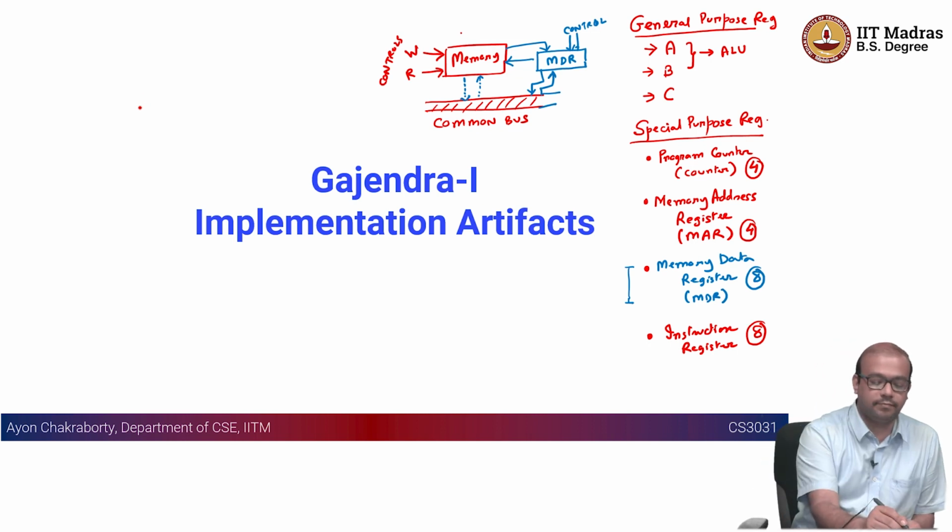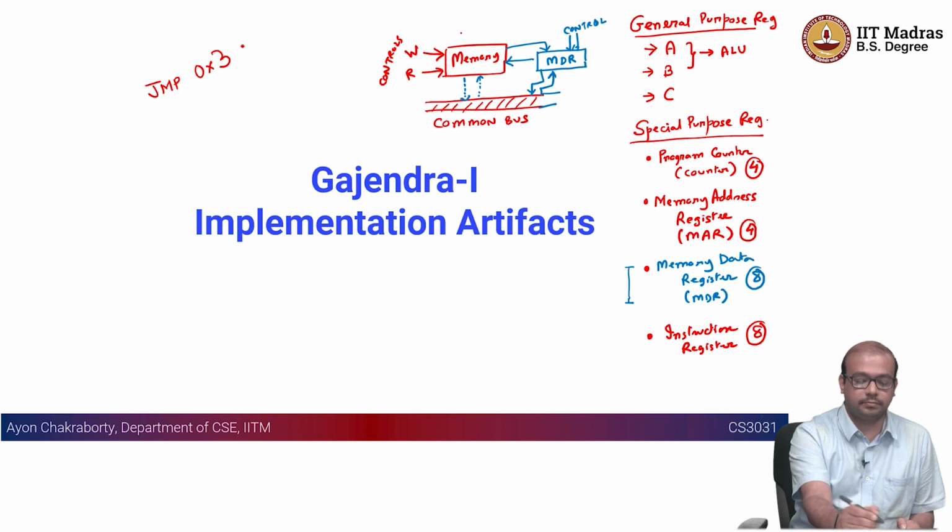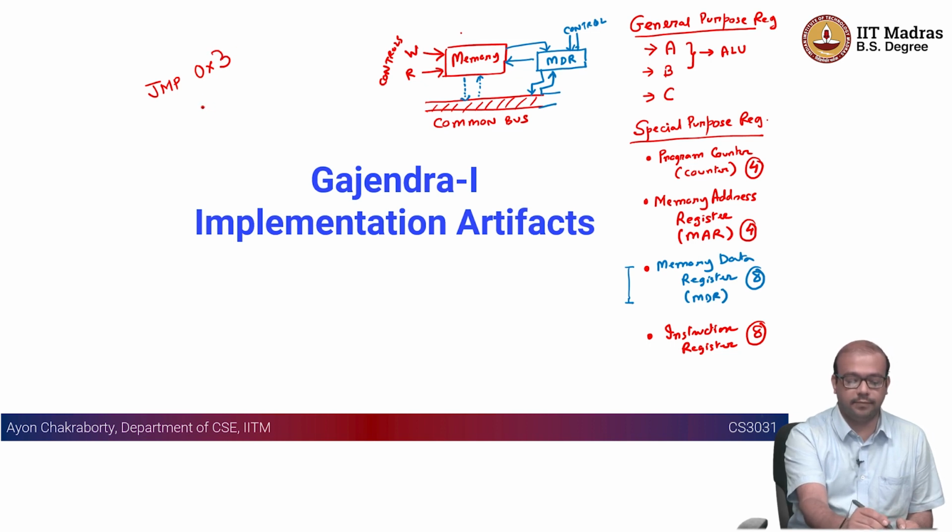I think we discussed this in the last class, where we discussed JMP or JNZ. Say you have JMP 0x3, and the jump instruction's opcode is, let's say, 6.